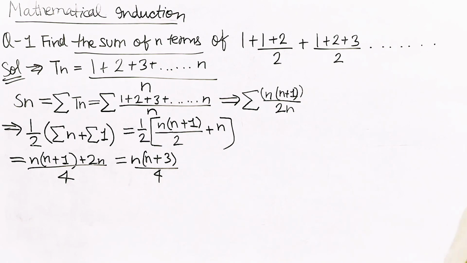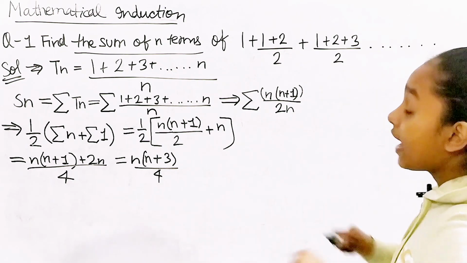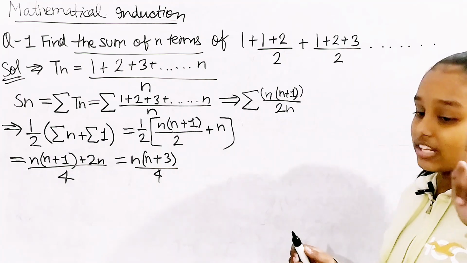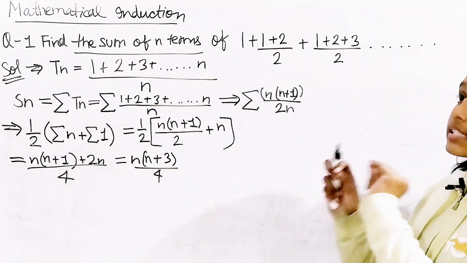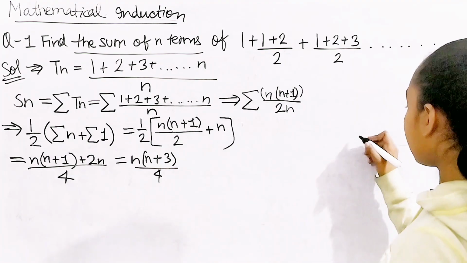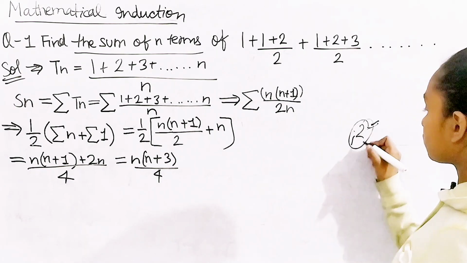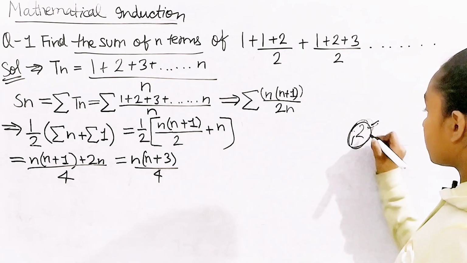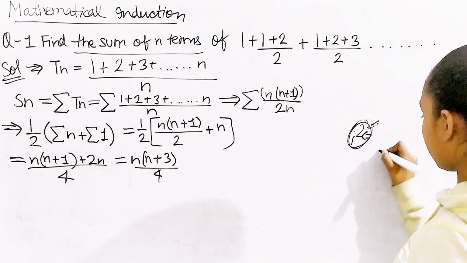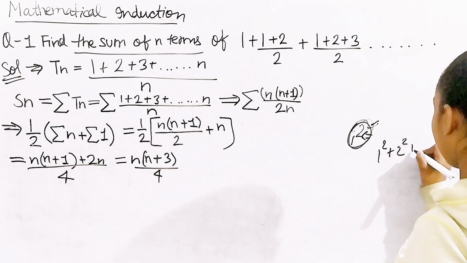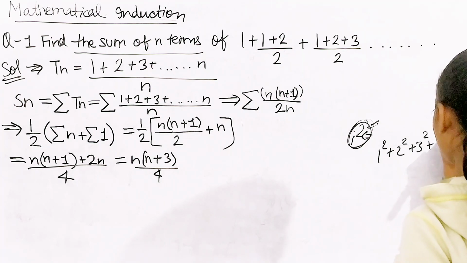Remember, i is just a symbol for now. So i squared means it's following this pattern: 1 squared plus 2 squared plus 3 squared plus 4 squared.